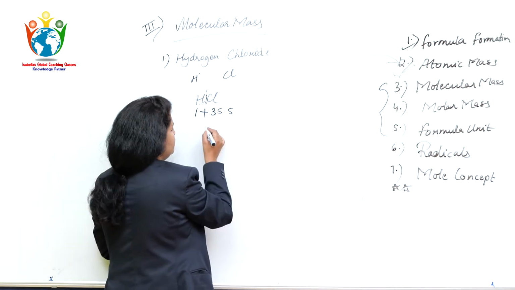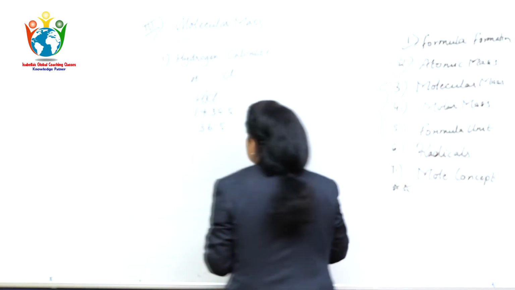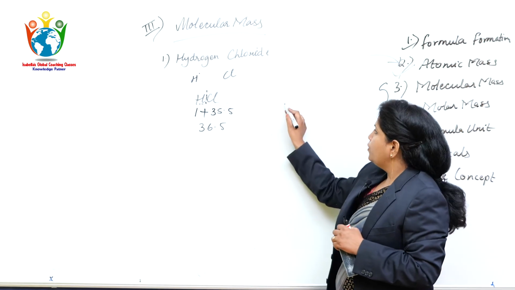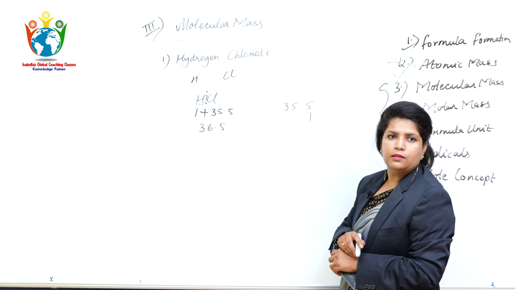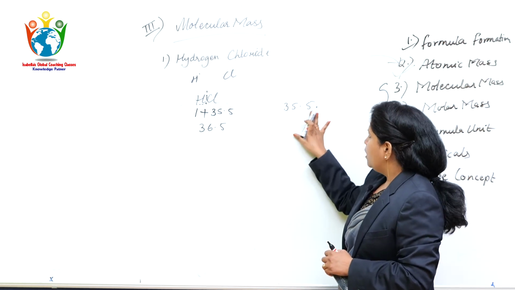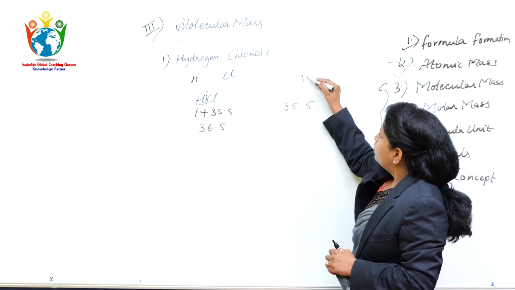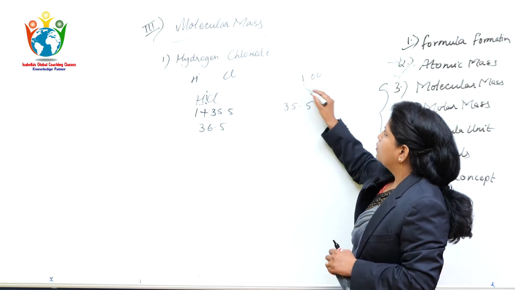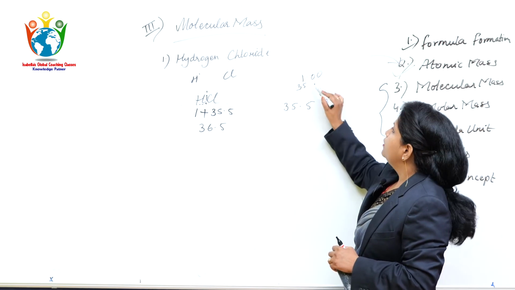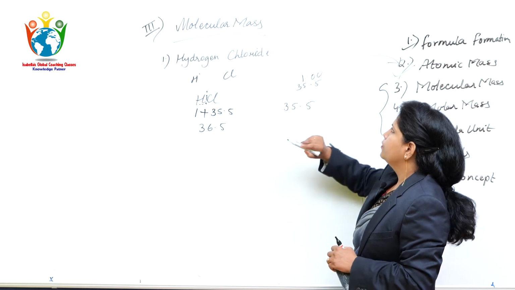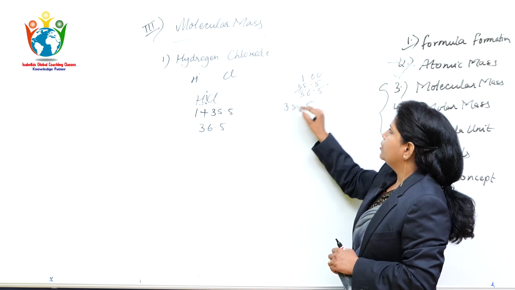Adding, 36.5 I am writing straightforward, but children make mistakes in decimals. So when you are doing this thing, be flexible. Some children write it like this and don't understand, but you should not. Whenever you have 1, put a decimal, go 0 0. Now ones place, tens place, and point and 5. 5.5 plus 1 is 6, 3.